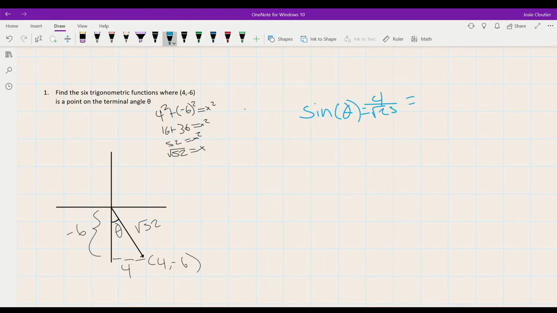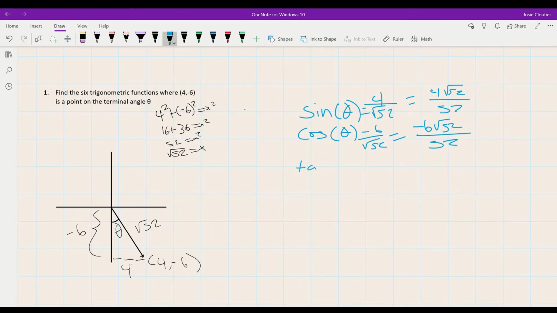But we can't have a radical in the denominator, so we have to rationalize, so we're going to multiply both the numerator and denominator by square root 52. So we're going to get 4 times the square root of 52 over 52. Cosine of theta is going to be negative 6 over square root 52. We have to rationalize, so we'll do the same thing, and we get negative 6 times the square root of 52 over 52.